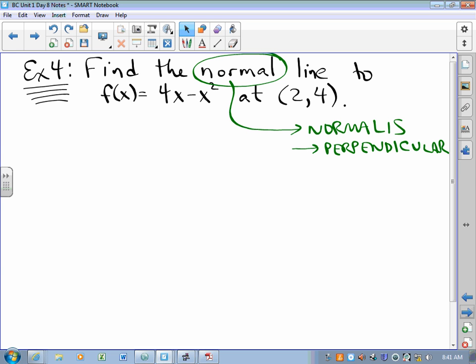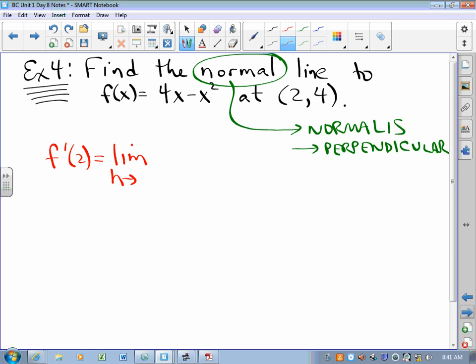And to figure out the line that is perpendicular to the tangent, you have to know what the slope of the tangent is. And to figure out what the slope of the tangent is, you have to know what the derivative is at 2. And we know that that's the limit as h approaches 0 of the change in y over the change in x.